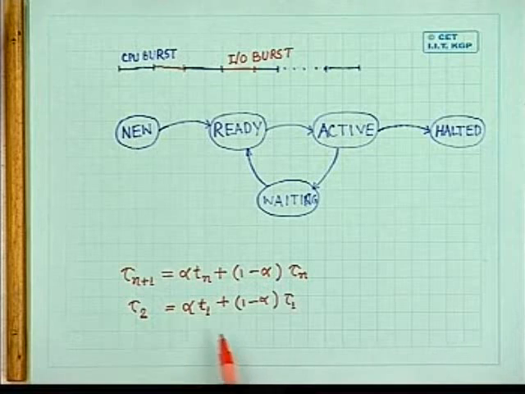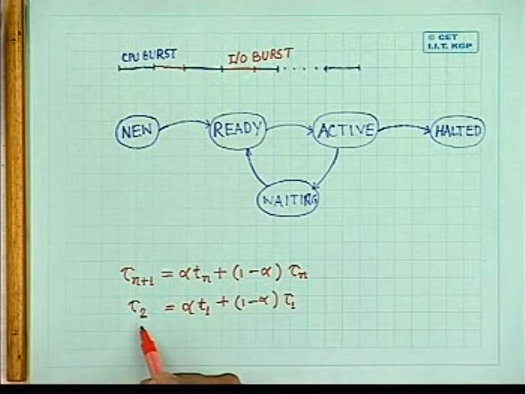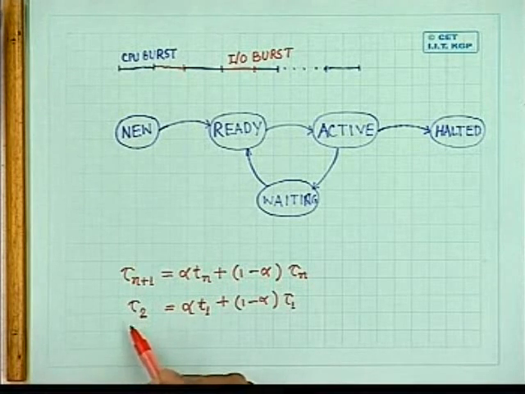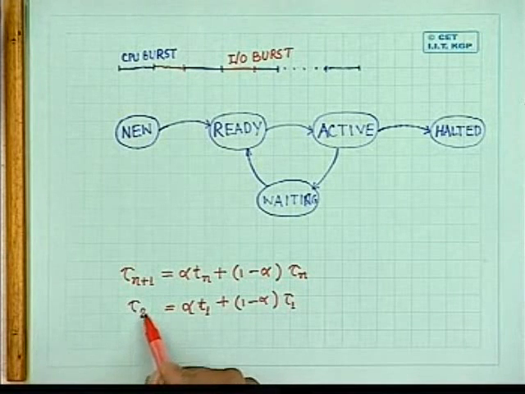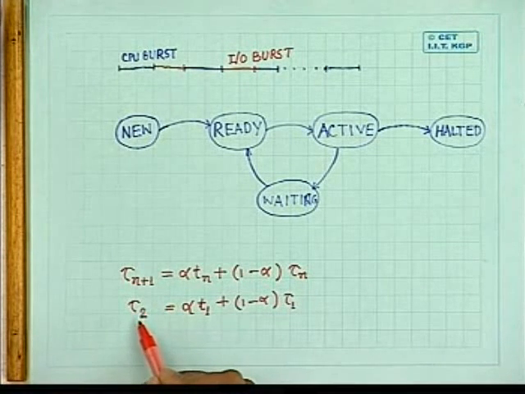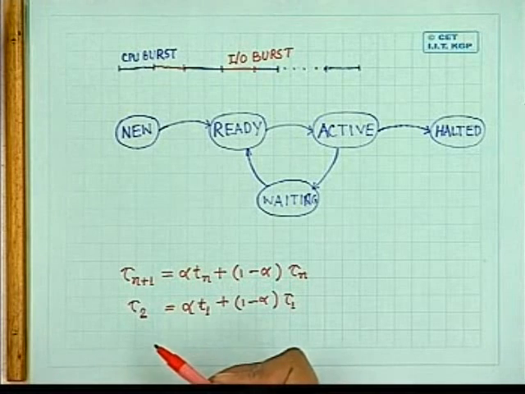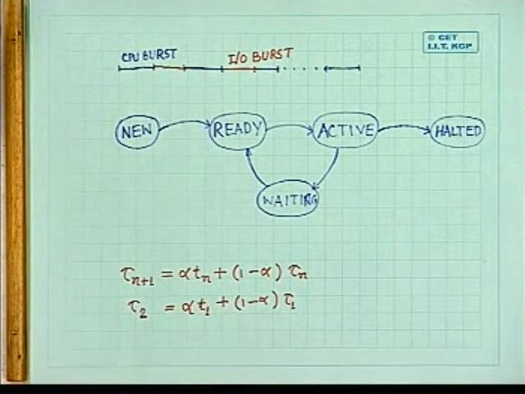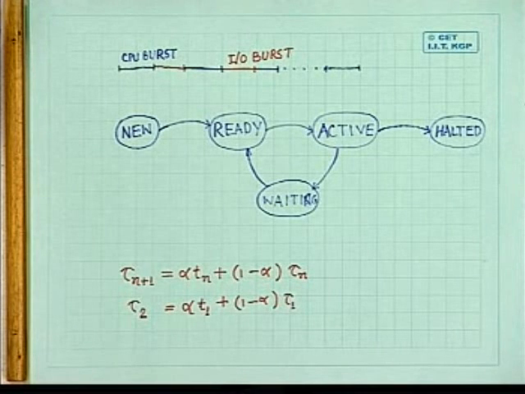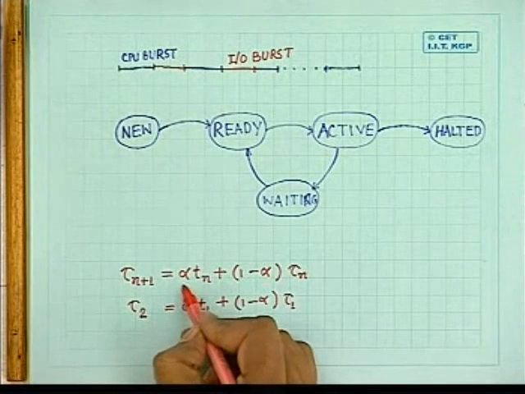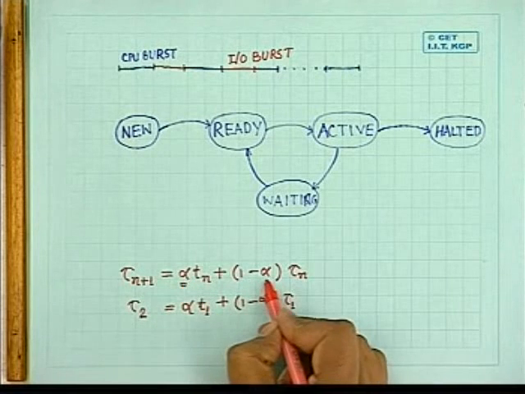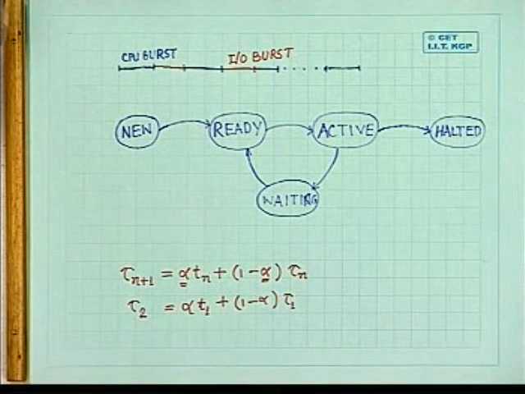Using either of these two, I can predict tau 2, and based on this predicted tau 2, the job will be scheduled for the next CPU burst.